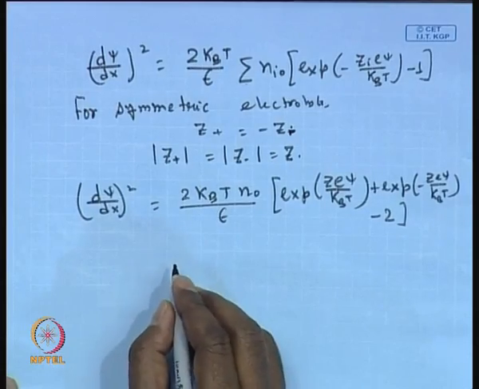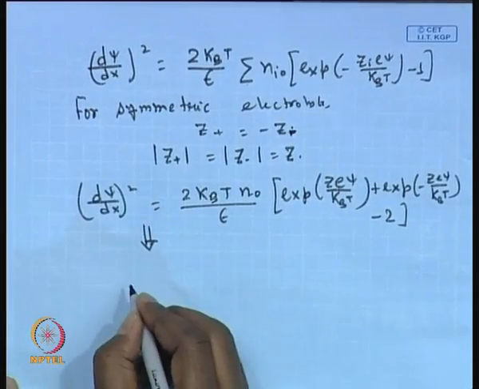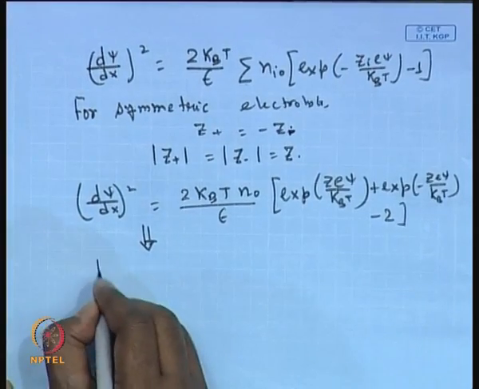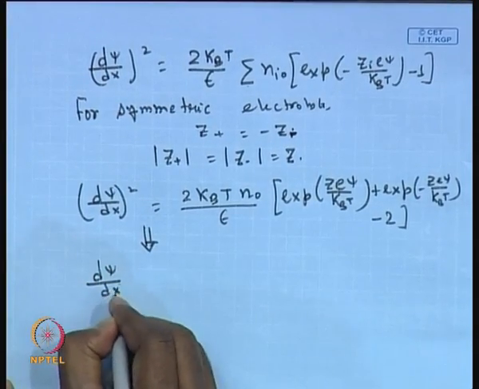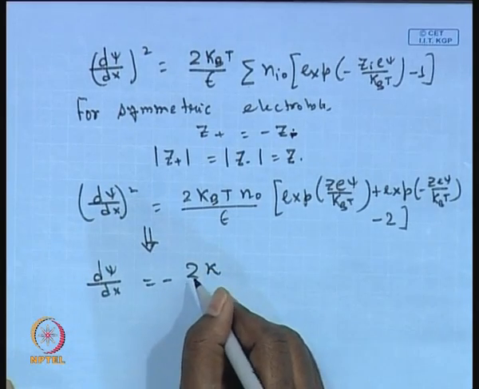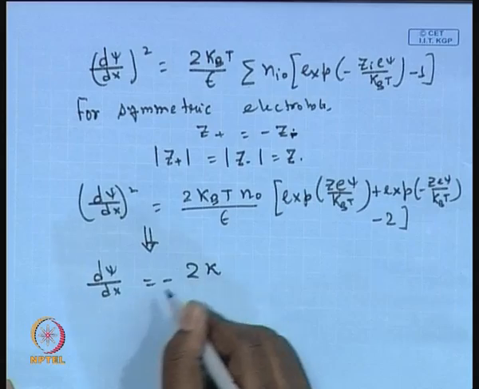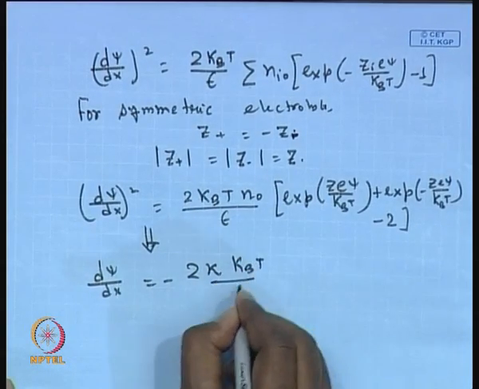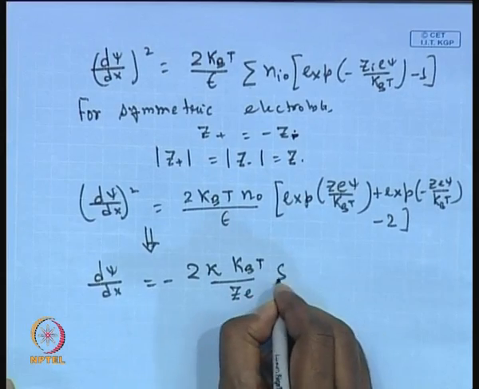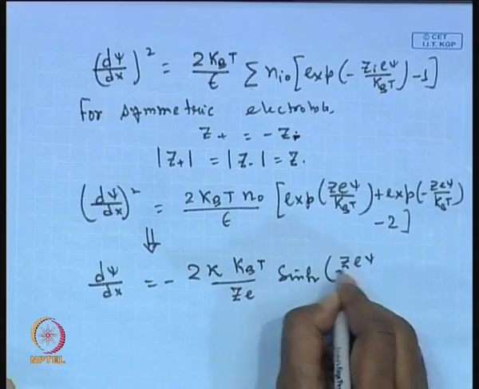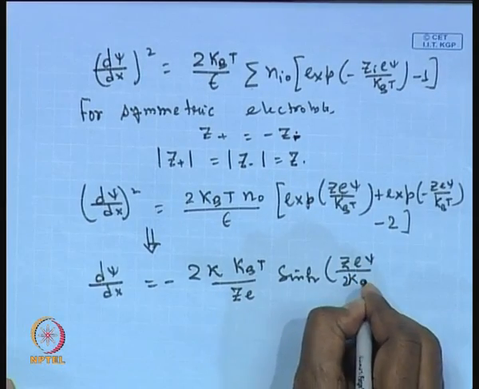Okay. And this expression can be simplified. I am just overlooking one step, and it will be finally taken as d psi dx will be minus 2 kappa. Okay. Kappa is nothing but the inverse of Debye length that we have discussed earlier, kBt over Z e sinh of Z e psi over 2 kBt.